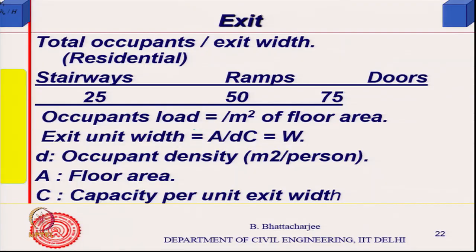Now, occupant load is given in the code in terms of persons per meter square of floor area. For example, for residential building, 12.5 persons per meter square, while in assembly it will be much less. So occupant load is how many persons per meter square, from which you calculate the number of persons.